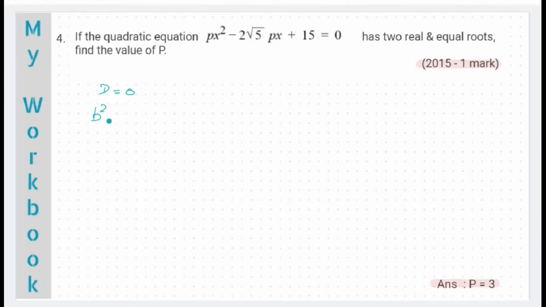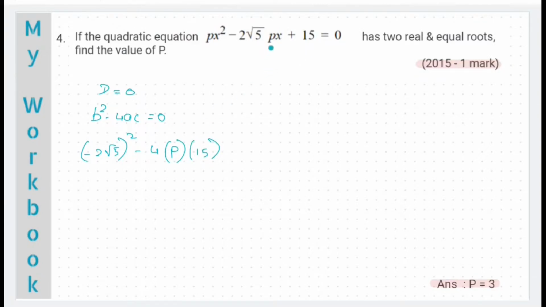So b square minus 4ac to be 0. B square is minus 2 root 5 the whole square minus 4 into a is p and c constant term is 15.